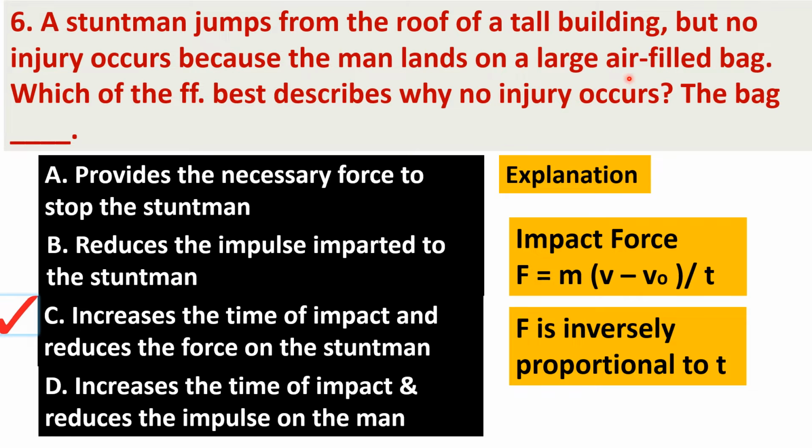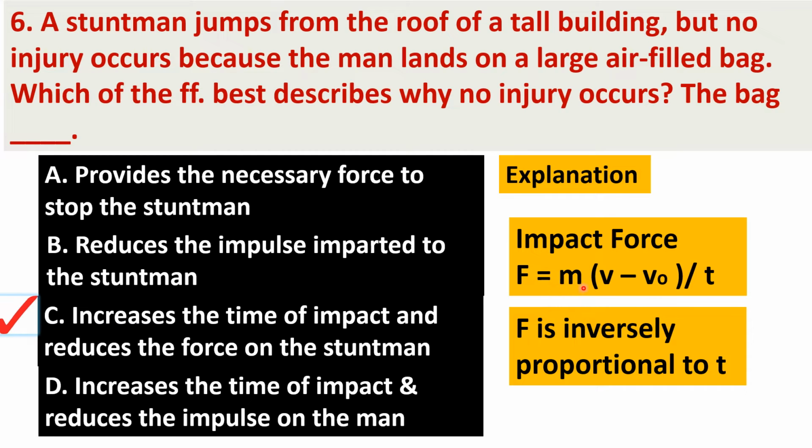The large airfield bag is probably kind of soft, not hard, so that when the stuntman jumps and hits the bag, it takes relatively longer for them to interact. The time of impact is being lengthened, and as a result, the consequence of that is to make the impact force smaller. Okay, smaller.